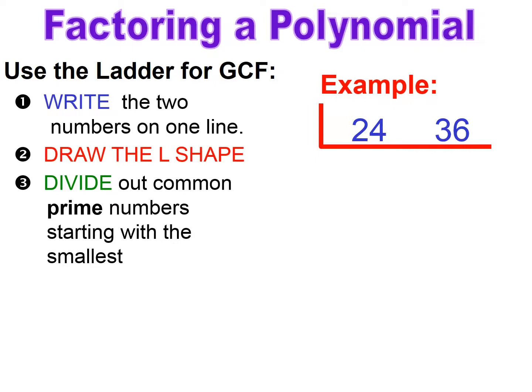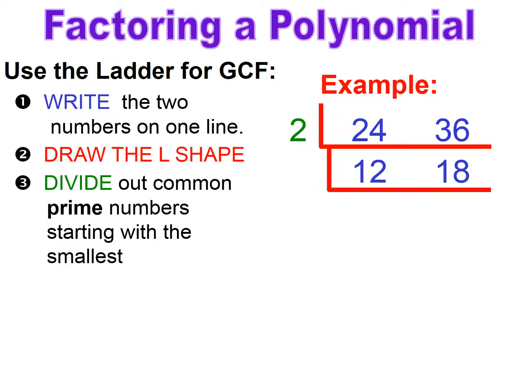So when you look at 24 and 36 in this example, I'm going to divide out the smallest prime number, and because they're both even, I'm going to divide 2 out. So I divide 2 out and I get 12 and 18, and I put it right underneath. And I'm going to continue this process until they no longer have common factors.